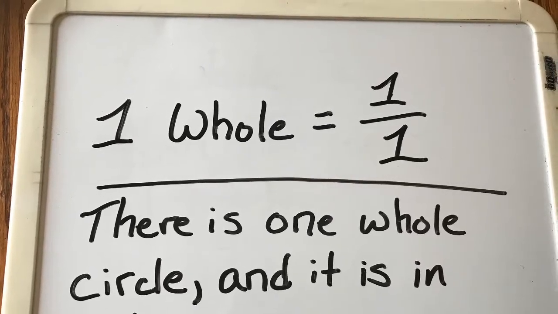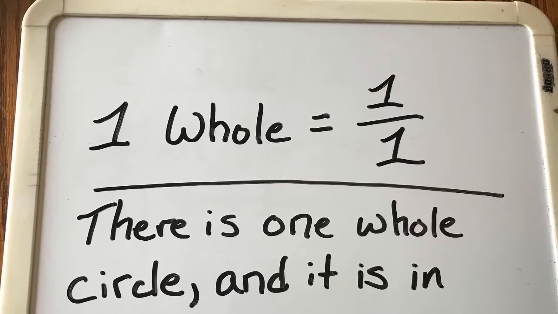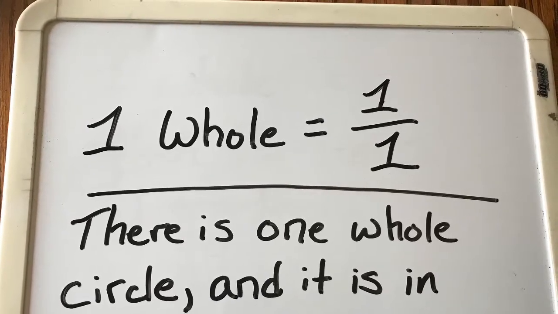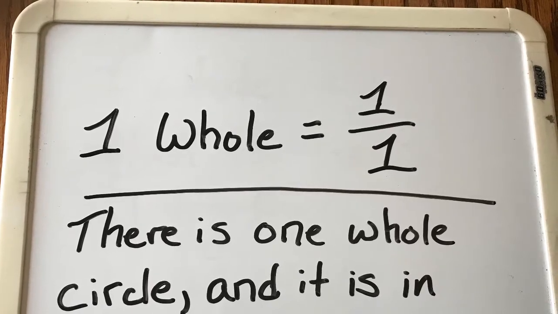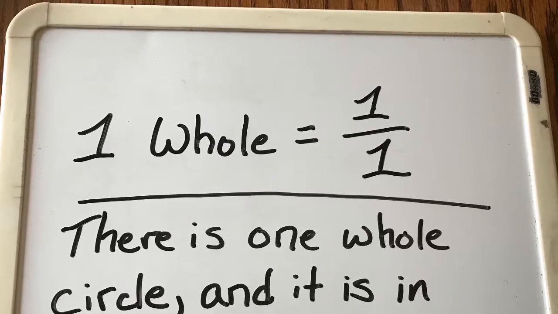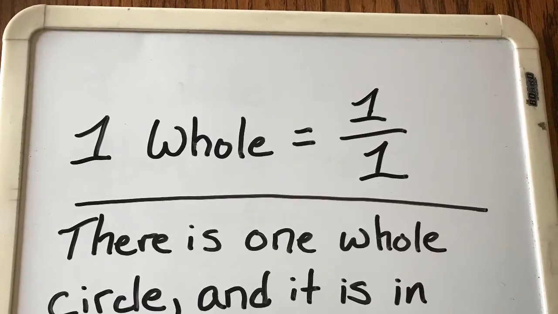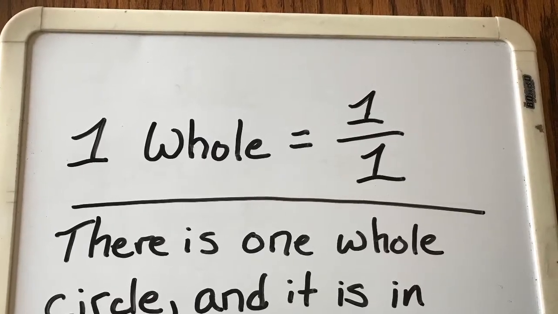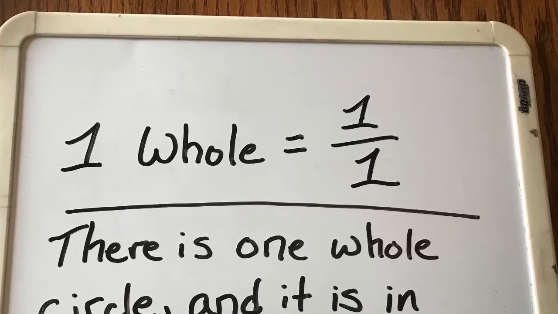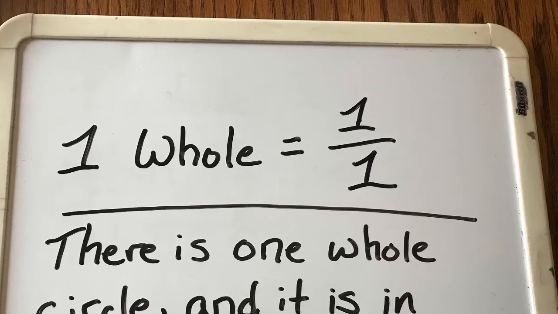One whole piece that we're naming as a fraction. Your denominator is how many pieces it takes to make one whole of whatever it is that you're looking at. In this case, we only have one piece to make one whole, so our fraction is 1 over 1.